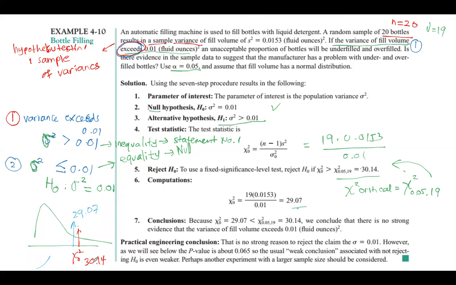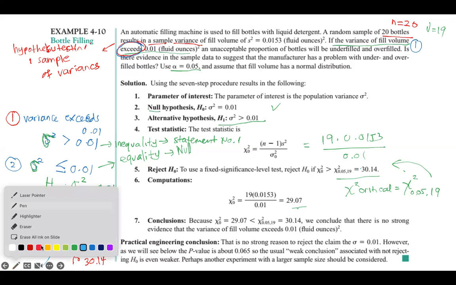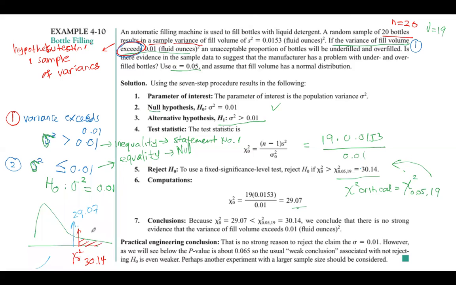It's slightly similar, only about 1 point. Okay, so this is the area of rejection. This is the area of fail to reject. Because now the blue one is in the area of fail to reject, there is no strong conclusion of evidence that the variance exceeds this one.